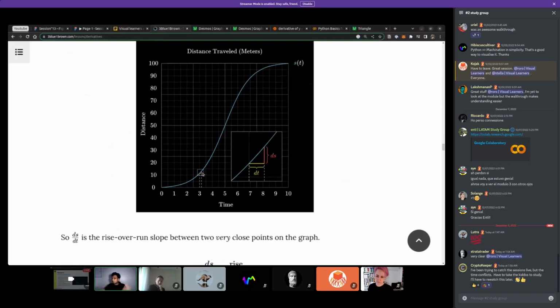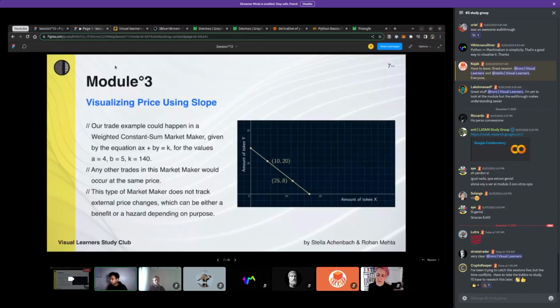And when curves get curvier and more confusing, it's always easier to just look at slopes at particular points. And the way you do it is through calculus. The way you do it is through finding the derivative of the slope at that point, which is basically just ds by dt. ds meaning a small change in the height and dt a small change in time. Like the y variable and the x variable.